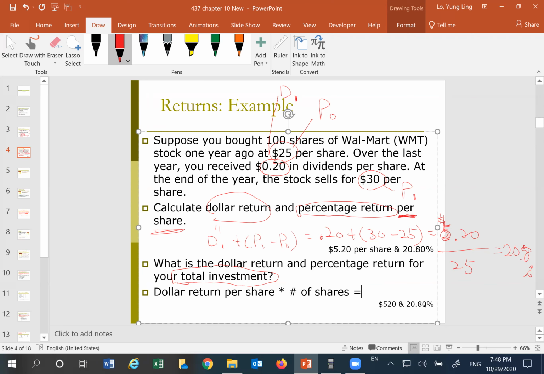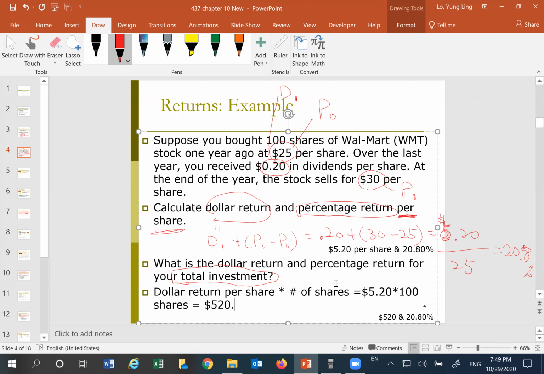So if your dollar return is $5.20 per share, multiplied by the 100 shares that you purchased, it will give you a total dollar return of $520. But your percentage return is not going to change. It should be the same 20.80%. If you're not so sure, you can still do the calculation if you wish.